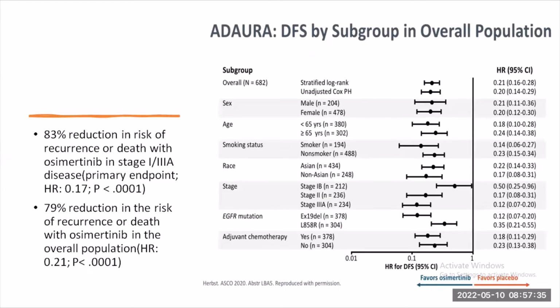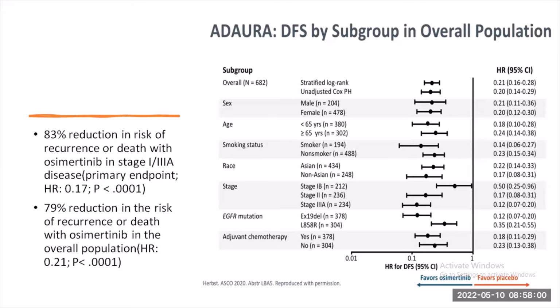So ADAURA was associated with an 83% reduction in risk of recurrence or death with osimertinib in stage 2 or 3A disease. The primary endpoint was basically this only, hazard ratio of 0.17 in favor of osimertinib. There is also a 79% reduction in the risk of recurrence or death with osimertinib in the overall population.